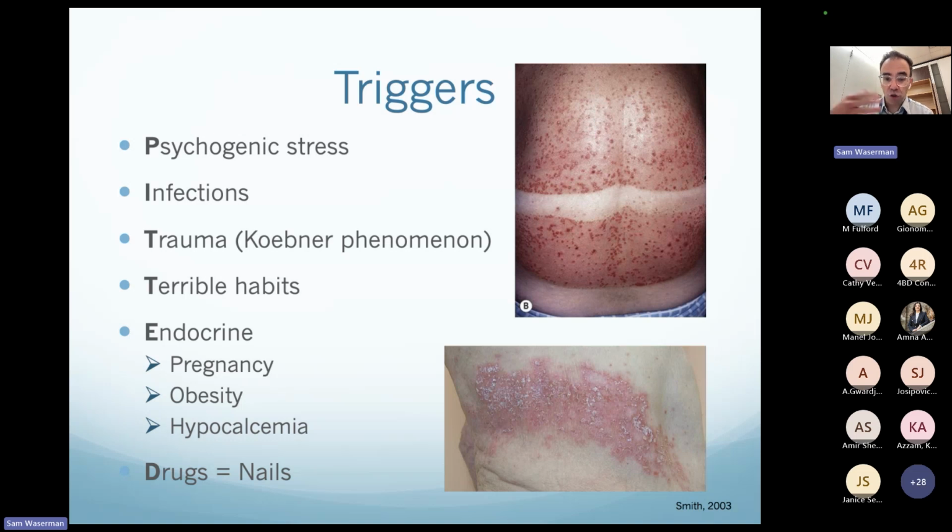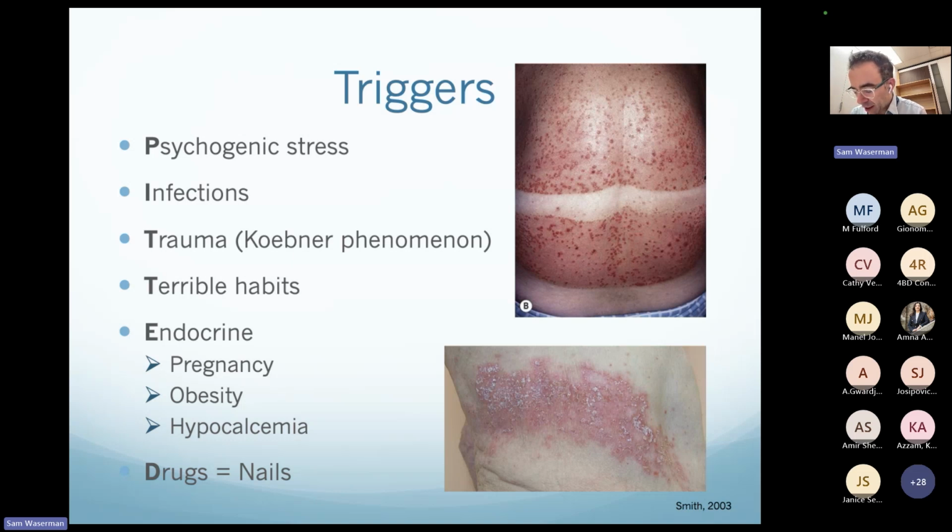I put two manifestations of the Koebner phenomenon on the right. The top picture is a patient who had guttate psoriasis, then had a nasty sunburn, and then proceeded to Koebnerize, developing psoriatic plaques in areas previously unaffected.